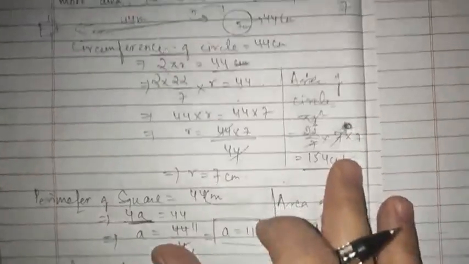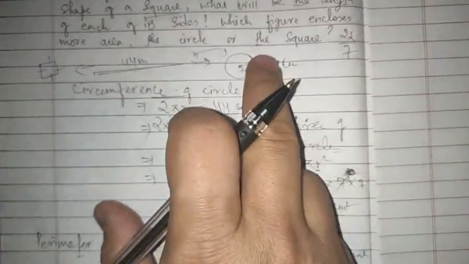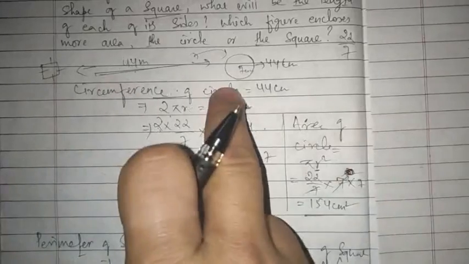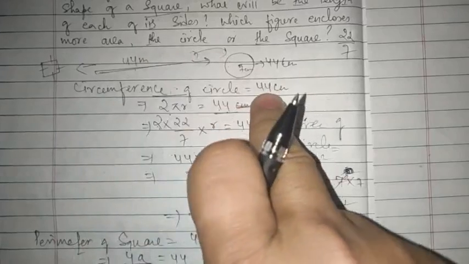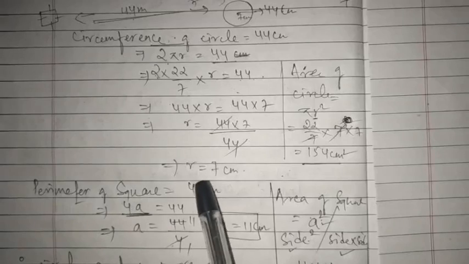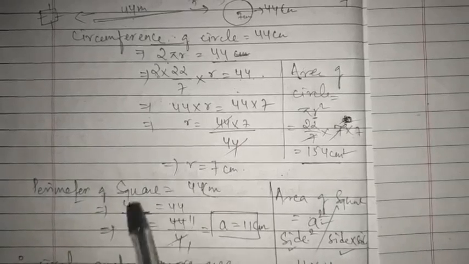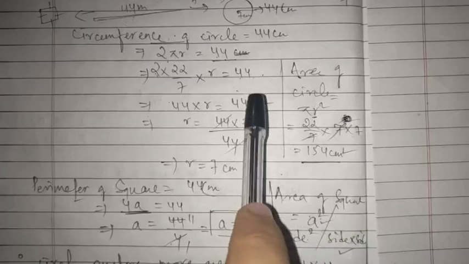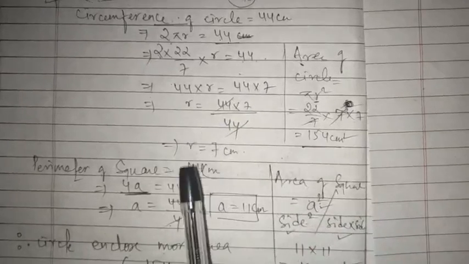Understood what we did? First of all, the wire was converted into a circle. The circumference was given, why? Because the length was 44 meter, so that indicates it was a circumference. Then the wire was converted into a square, where again the perimeter is 44. Using that, we found the radius here and the side here.